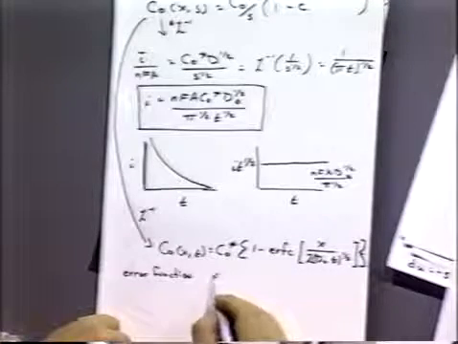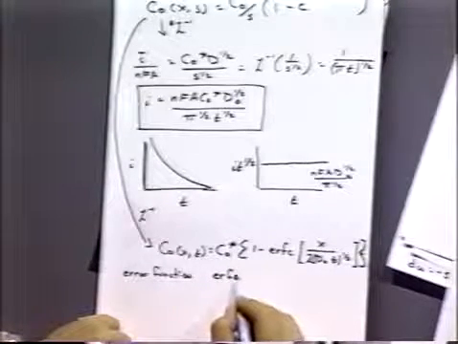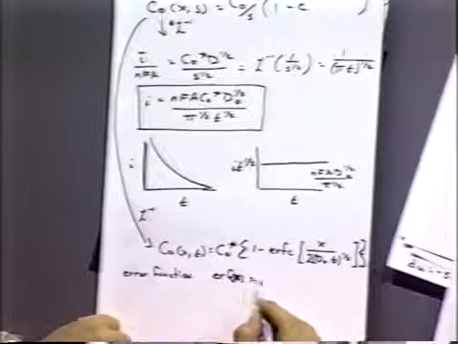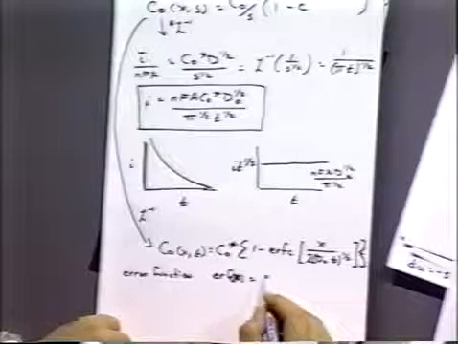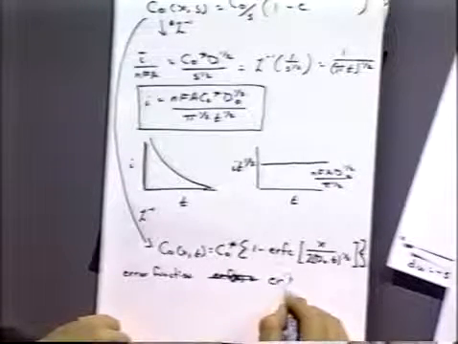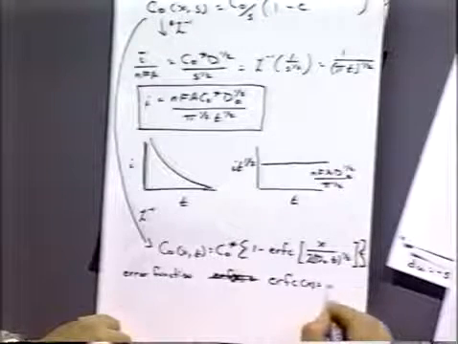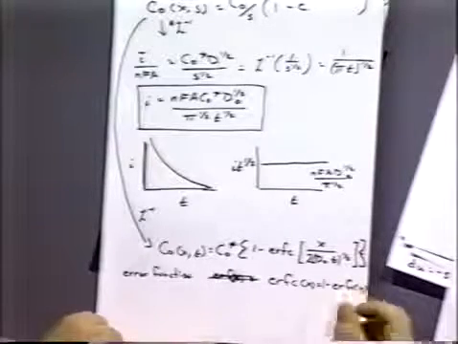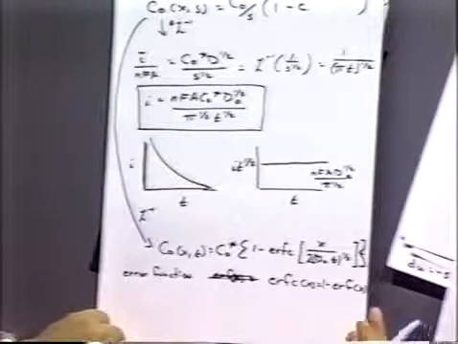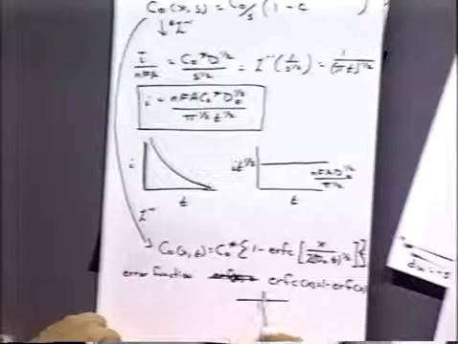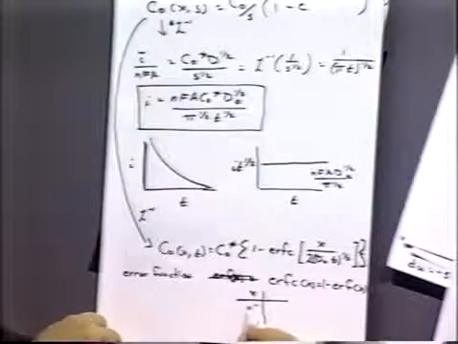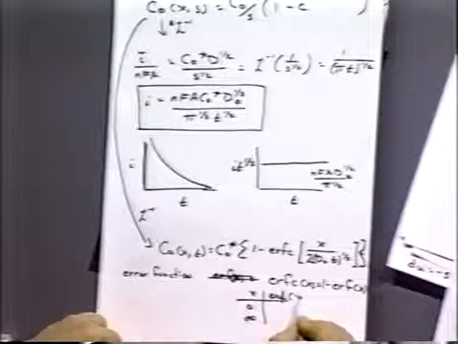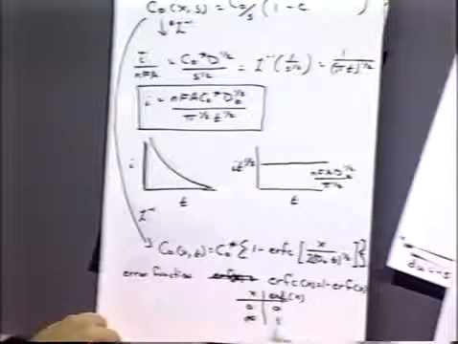The error function is not something you can just think about sometimes, but the error function is equal to 1 minus the error function complement. And just for a couple things, for x equal to 0 or infinity, the error function of x is 0 and 1.